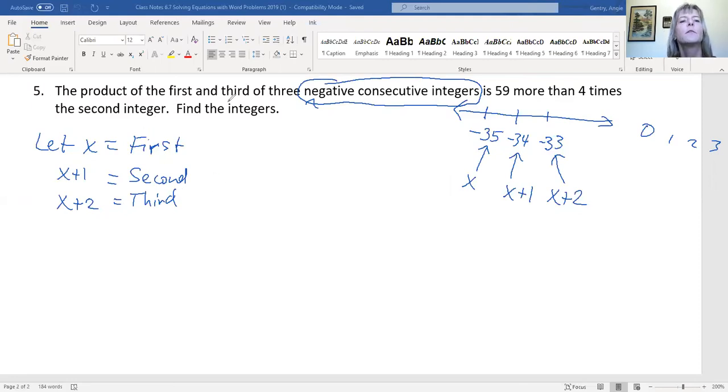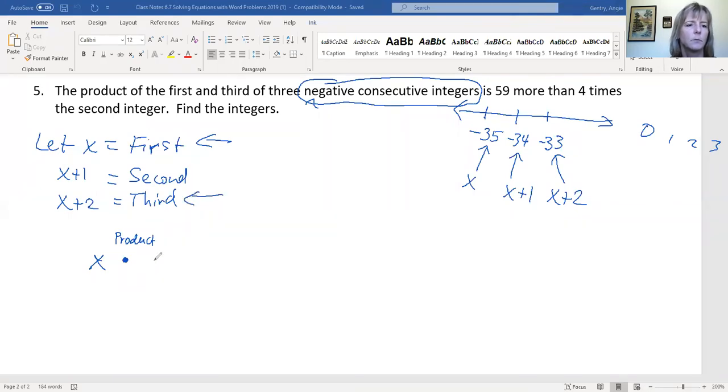Okay, the product of the first and third is 59 more than 4 times the second. Oh my gosh, what do I do? Well, I said let x be, and then I labeled these, and now I can translate the product. So everybody in class is doing a plus. How about a product? Yes? Product of the first. The first is what? Oh, it's right there. x. And third.